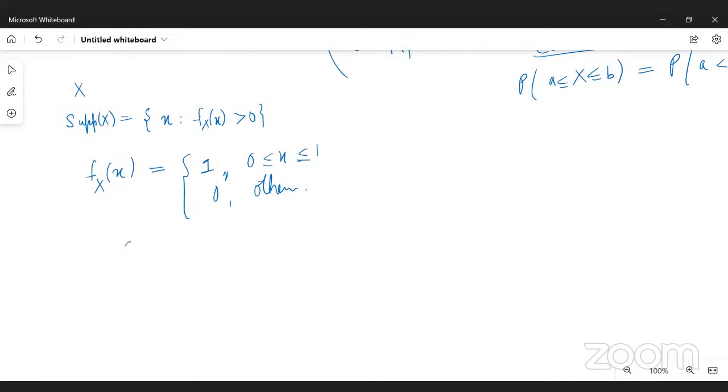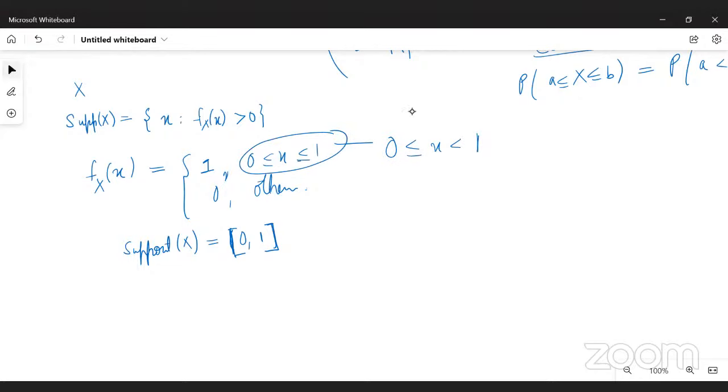Now, what should be the support of X here? 0 to 1, both included. But if in place of this I had written x lying in the open interval (0, 1), then the support would have been the open interval 0 to 1.